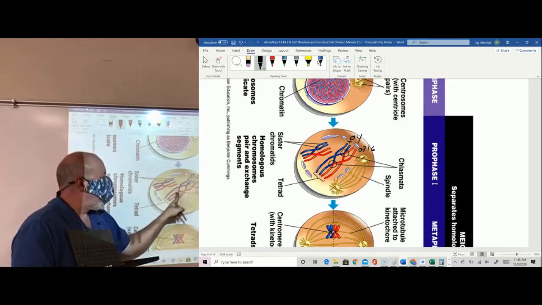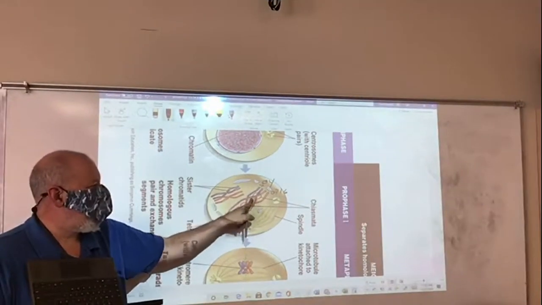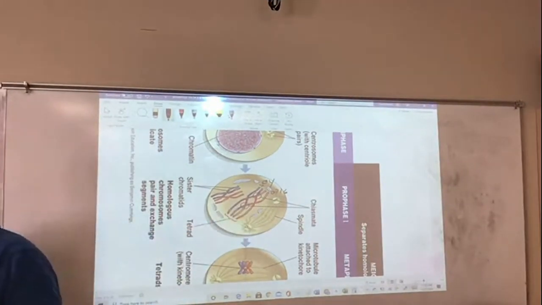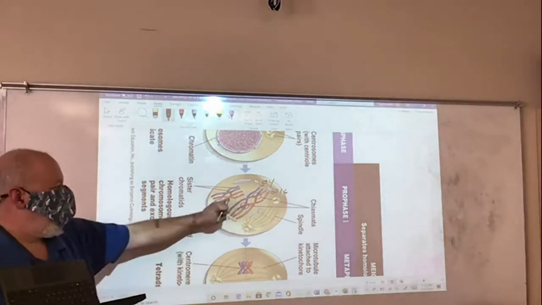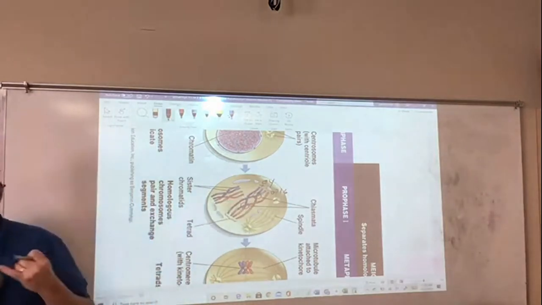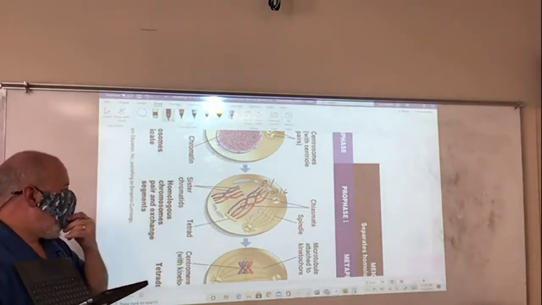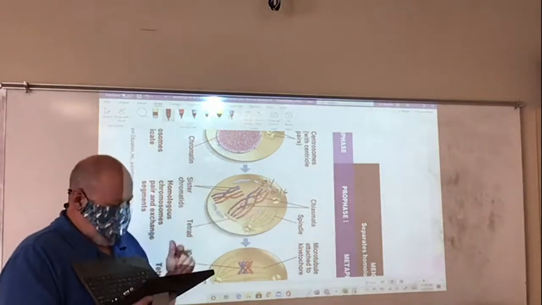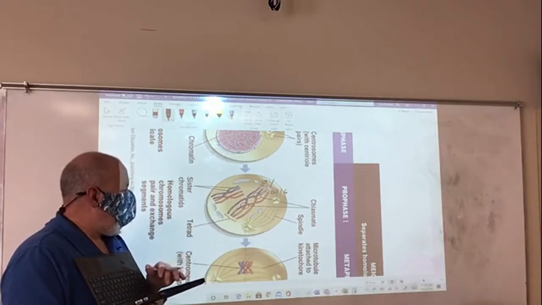We're not very sure how these pairs of homologous chromosomes find each other. But in some way, shape, or form, mom's chromosome 4 and dad's chromosome 4 have to find each other in order for this to work. Okay? There's still a lot of research going on to help figure that out.